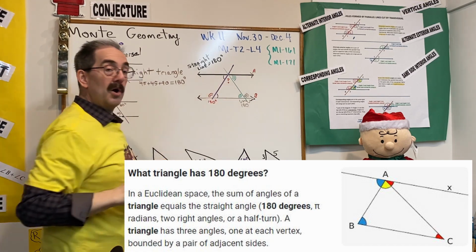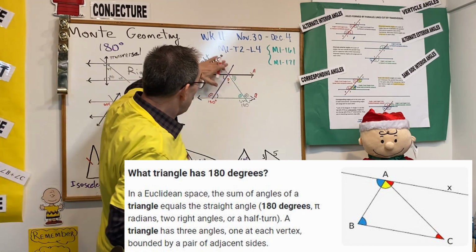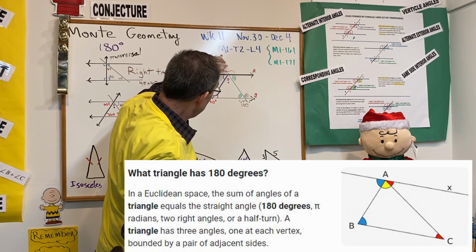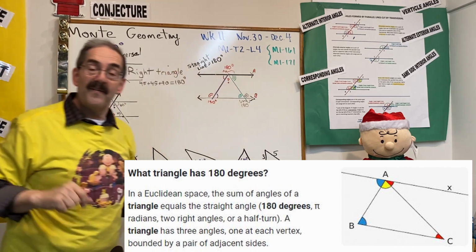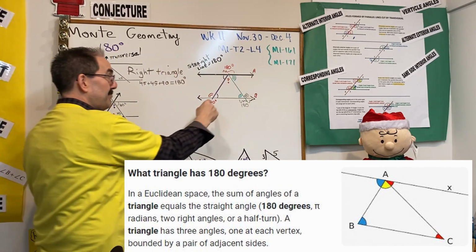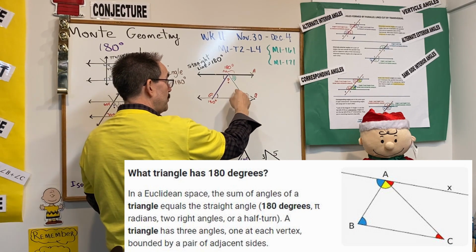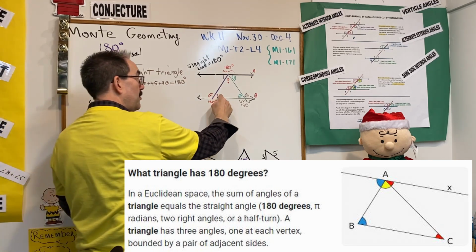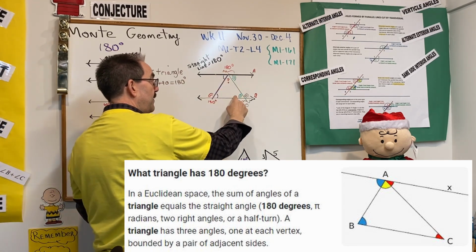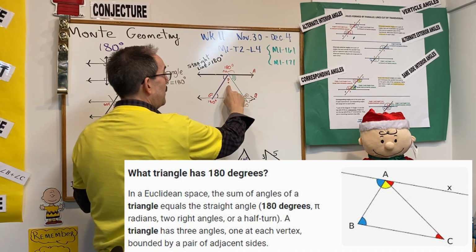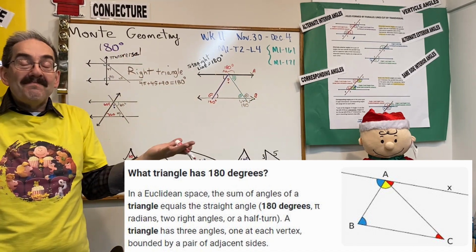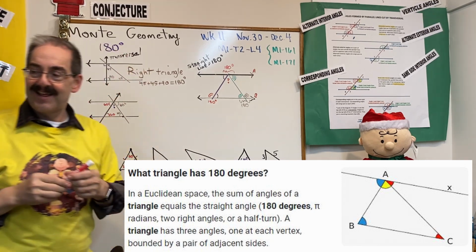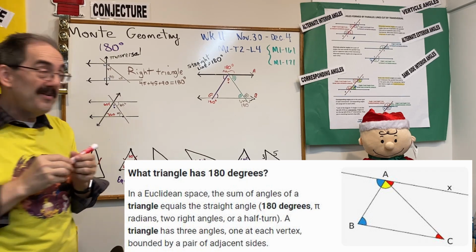This one goes here, alternate interior. But when we're all done, we have nothing more than 180 degrees. All triangles are made up of three angles. 1, 2, 3. And we know this angle is the same as this one. Therefore, the piece that's missing has to be whatever it takes to make 180. So, when we're all said and done, all triangles are 180 degrees.